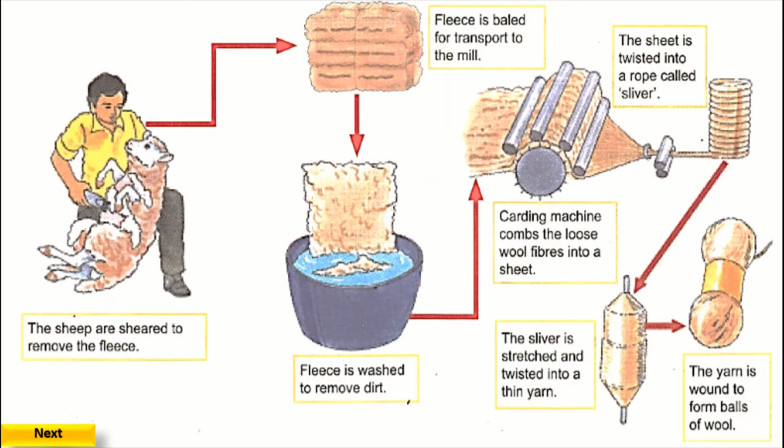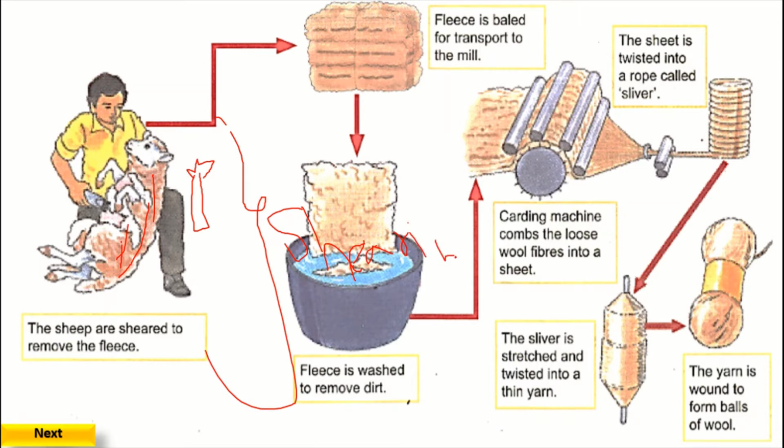Sheared means with the help of a trimmer, they are trimmed. The hair of the sheep is trimmed with the trimmer, and this process is known as shearing, right?